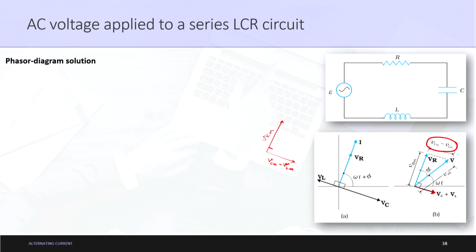We know that this is at 90 degrees. We are trying to calculate the complete value. What will be this complete value? This value will be nothing but equal to this diagram, correct.